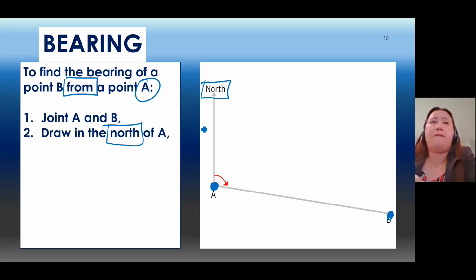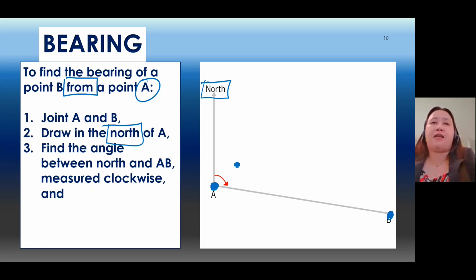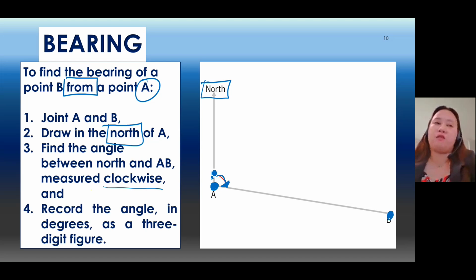Next, after that, you're going to measure the angle from the north in a clockwise direction towards the line that connects the points. Okay, you have to determine the angle from the north in a clockwise direction towards the line that connects the points.